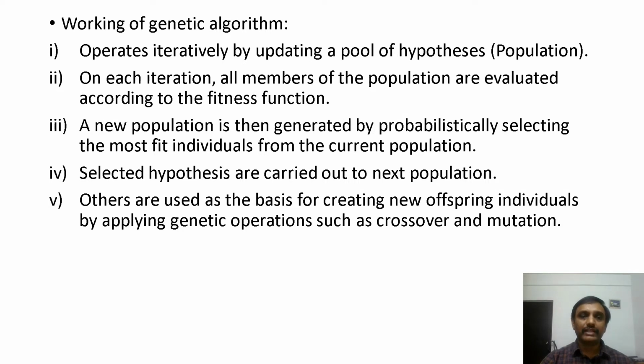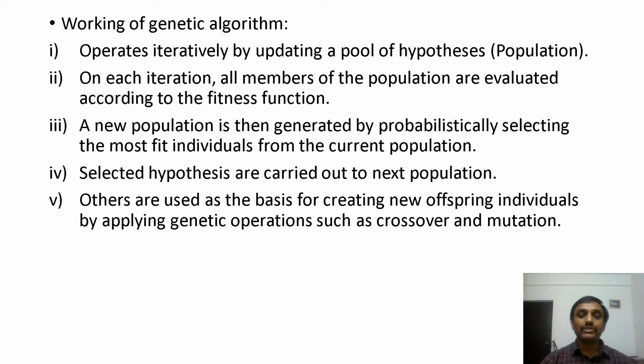Here is the working of the genetic algorithm. It operates iteratively by updating a pool of hypotheses. On each iteration, all the members of the population are evaluated according to the fitness function. A new population is then generated by probabilistically selecting the most fit individuals from the current population.